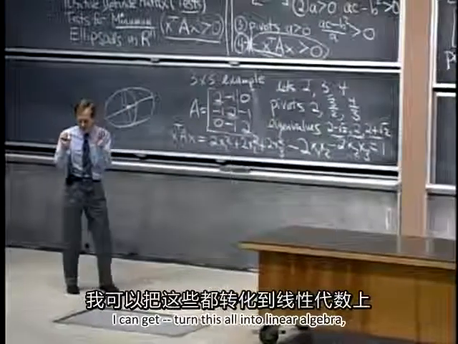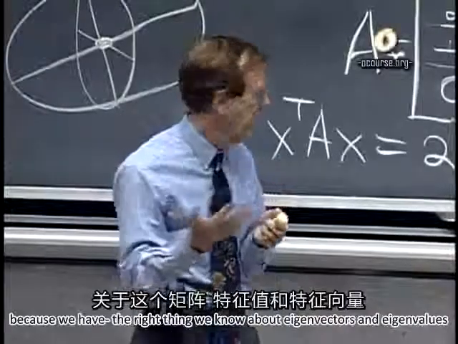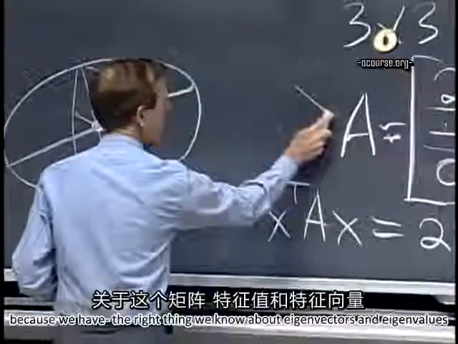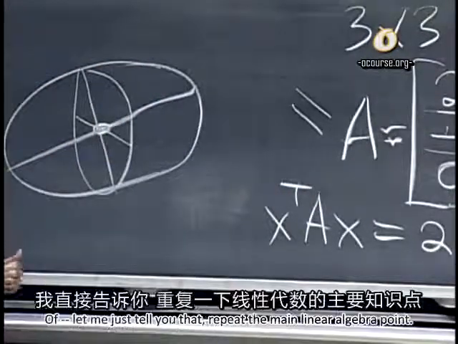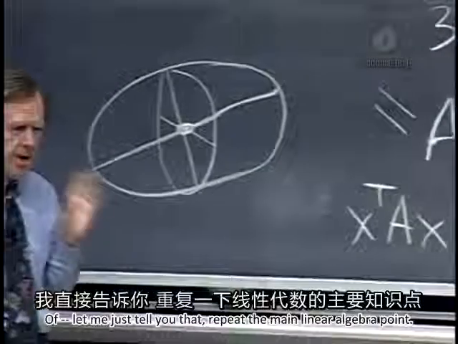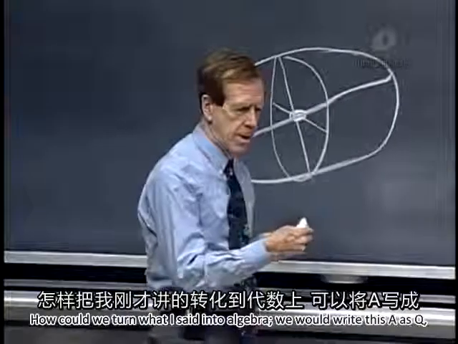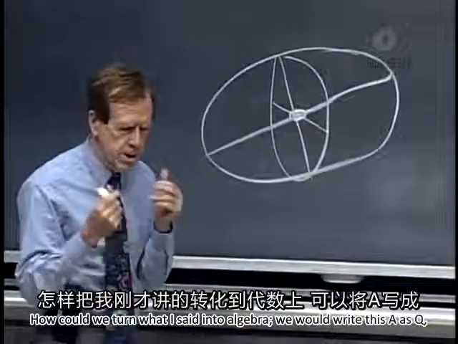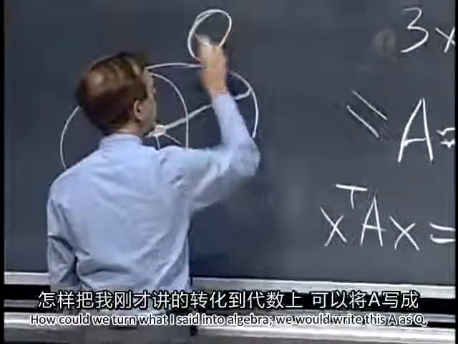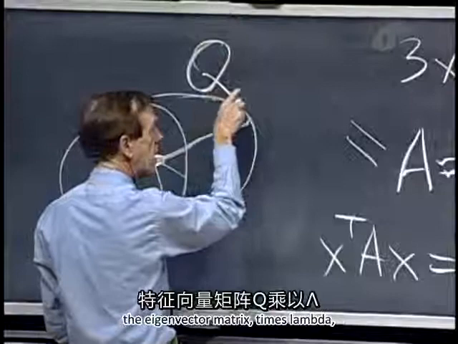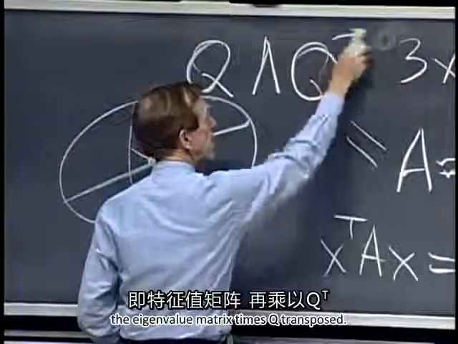I can turn this all into linear algebra because of what we know about eigenvectors and eigenvalues for that matrix. Let me just repeat the main linear algebra point. How could we turn what I said into algebra? We would write this A as Q, the eigenvector matrix, times lambda, the eigenvalue matrix, times Q transpose.